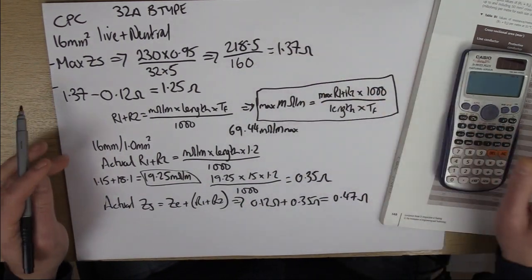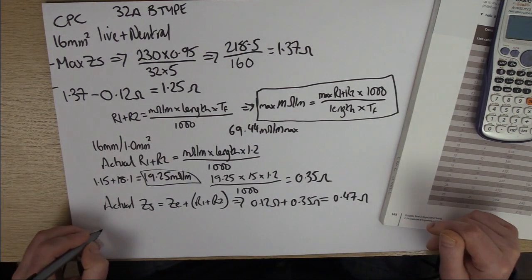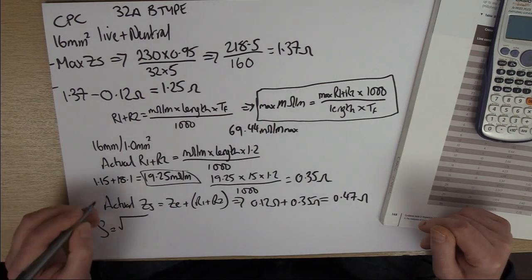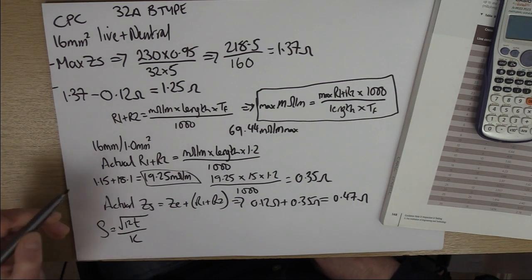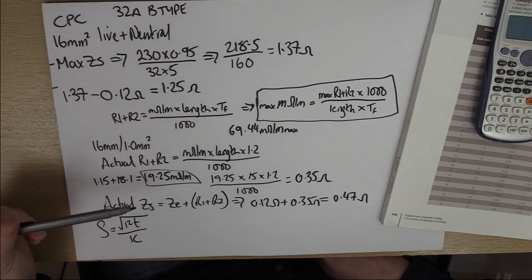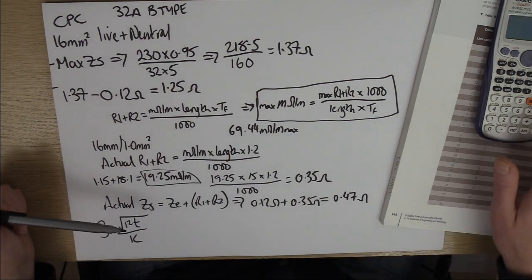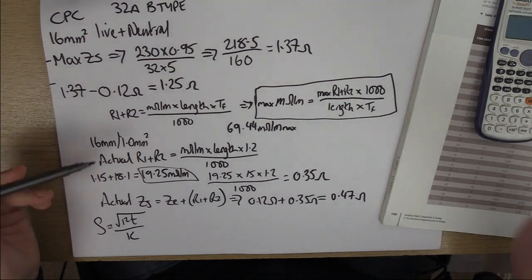Clearly much less than that, so it's all good. Then our last check for the CPC would be our adiabatic, and that's to check to see if our cable size, the 1mm there, is going to survive that treatment, really, that amount of fault current going through it.